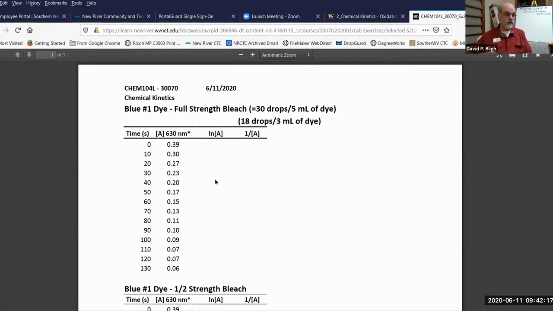If you really are a hands-on person, you can just do it all by hand. That's fine. It's a little more difficult, but it can be done. Okay, so that's what the data looks like.